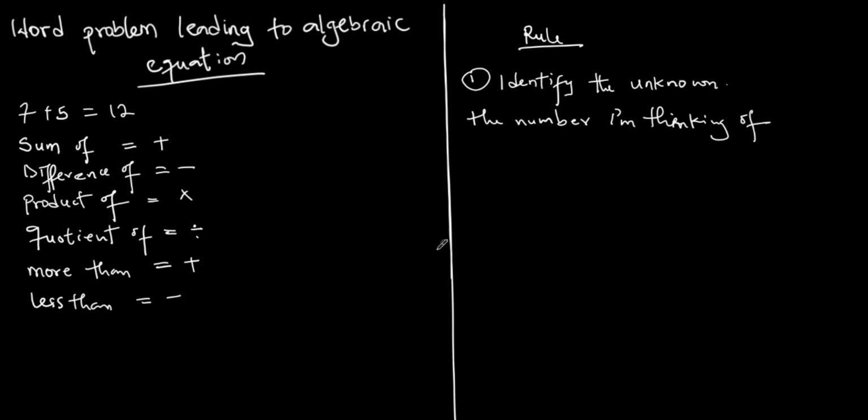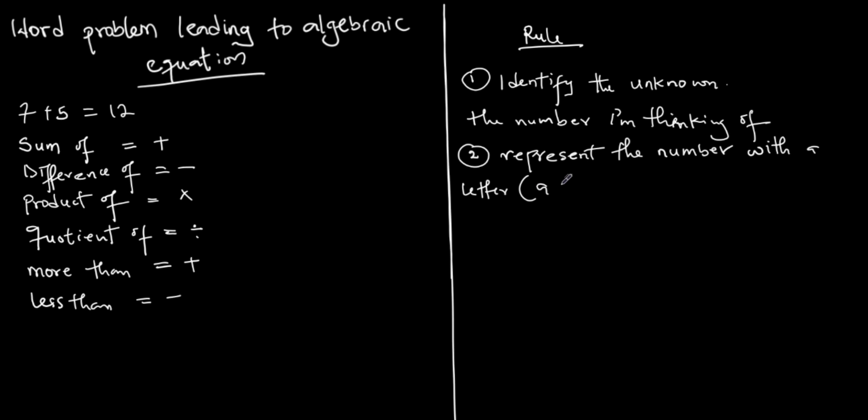So the second thing after identifying the unknown is to represent the number with a letter, whether A, B, C, or X, Y, Z, any alphabet of the English language.